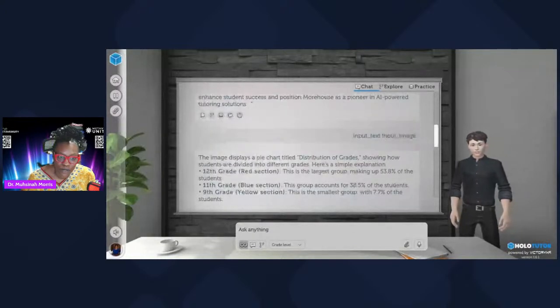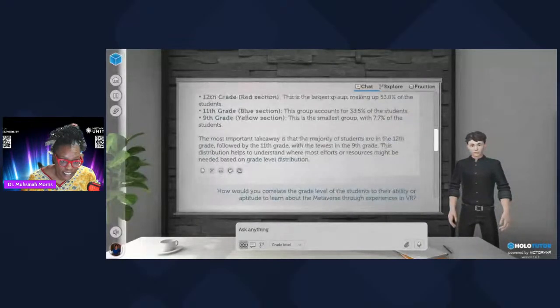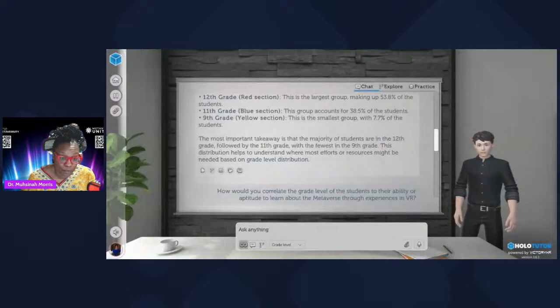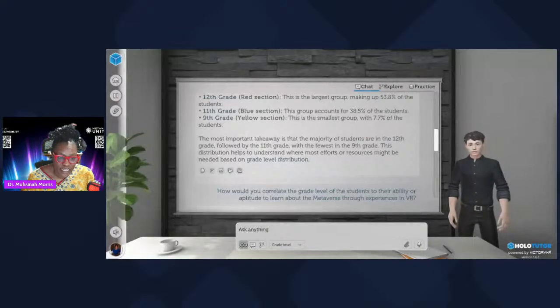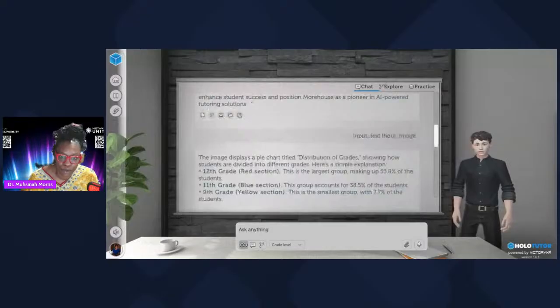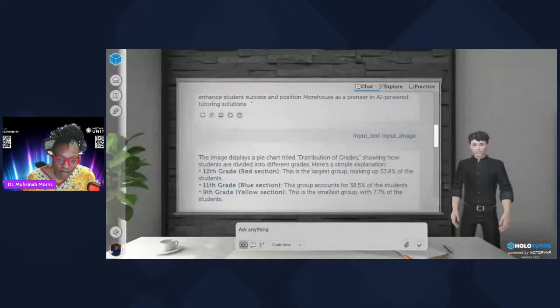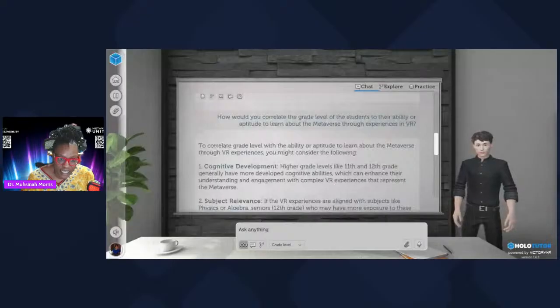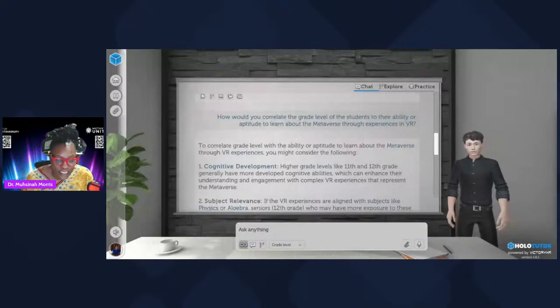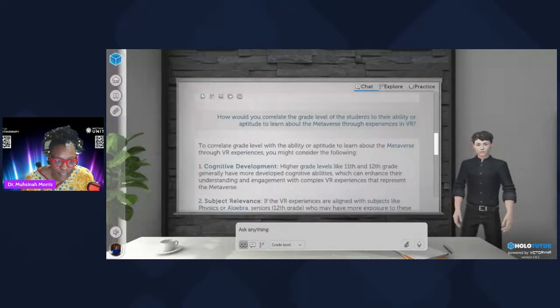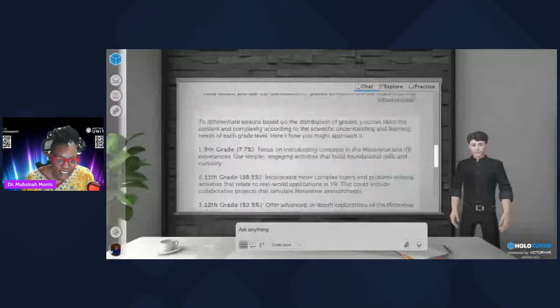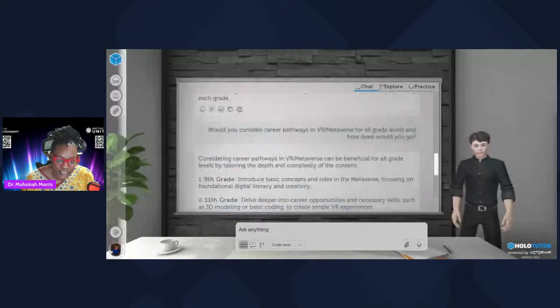I also put in an image and asked it to explain this distribution of grades that I had gotten as a data point, and it broke down that distribution of who made up the larger group of the demographics, and then I asked it to correlate the grade level of the students to their ability and aptitude, and it did that as well.